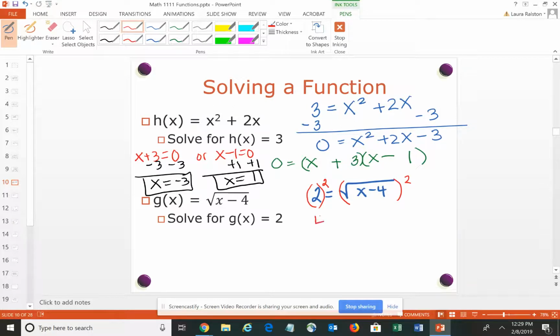So 2 squared is 4 equals just plain old x minus 4 because the square root and the square will cancel one another off. And then I solve that for x by adding 4 to either side. So I have x equals 8.